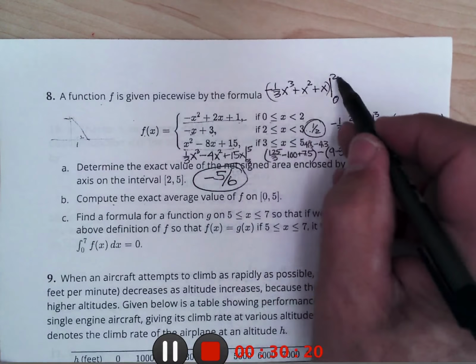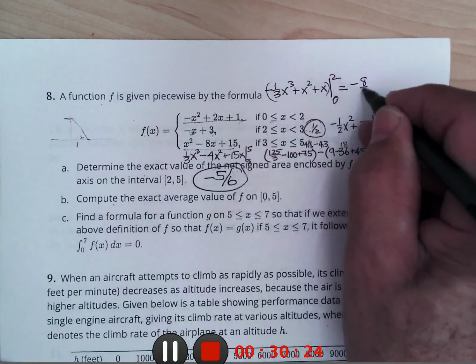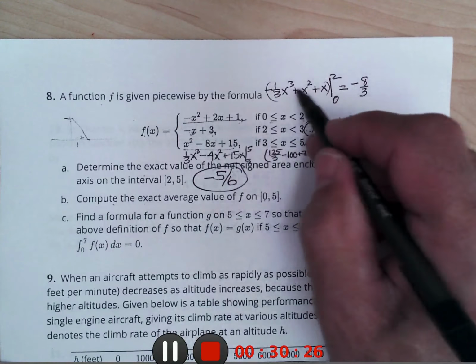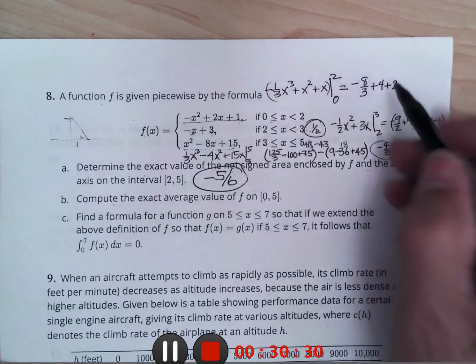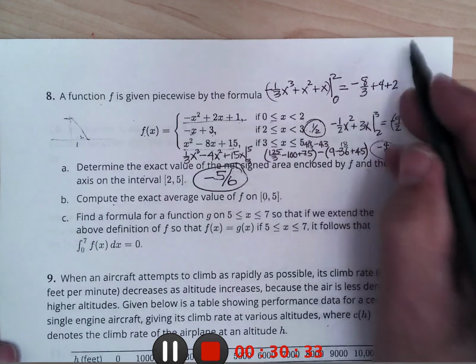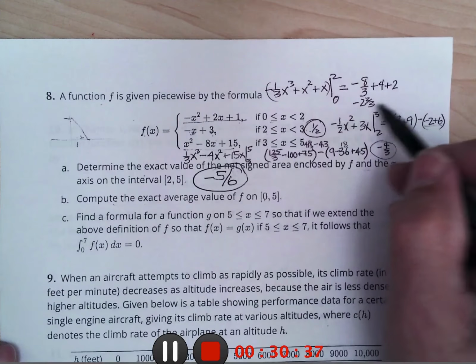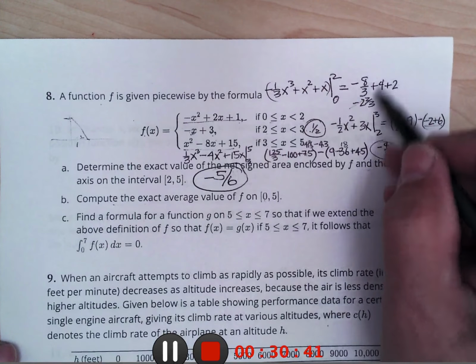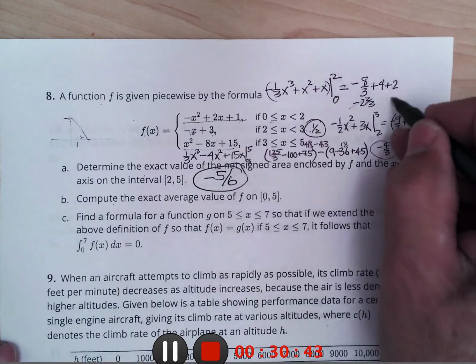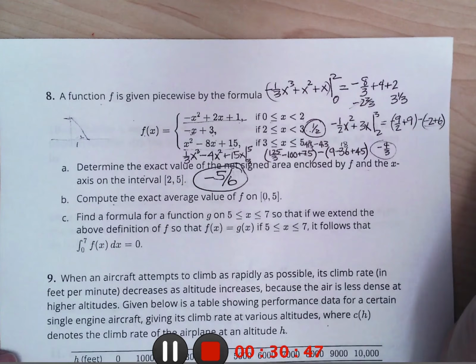8 minus 8 thirds plus 4 plus 2. So this is minus 2 and 2 thirds. So the minus 2 cancels the 2. So we have 4 minus 2 thirds, which is 3 and 1 third for this part.